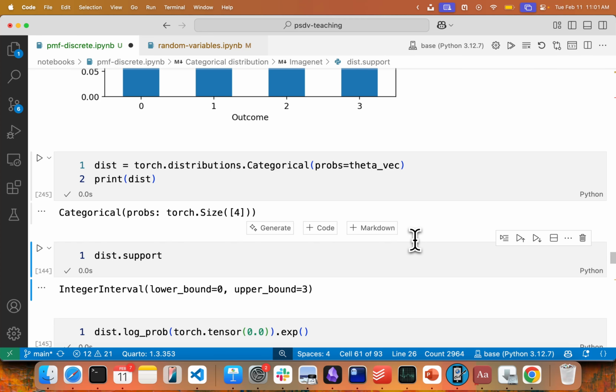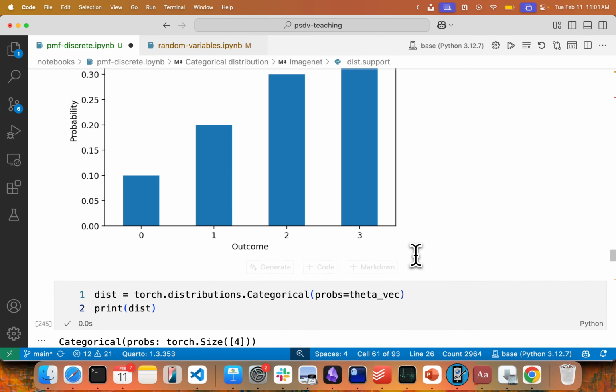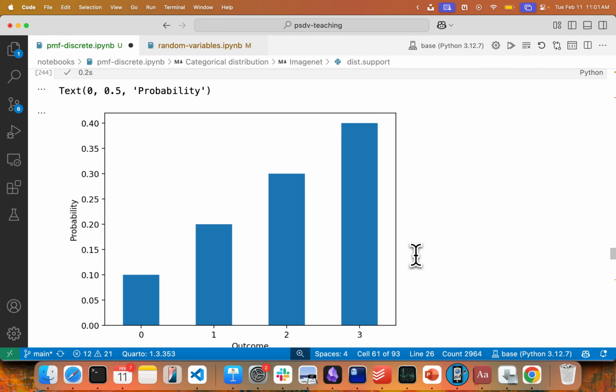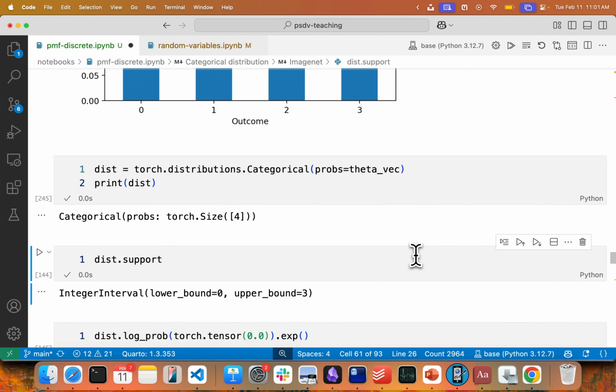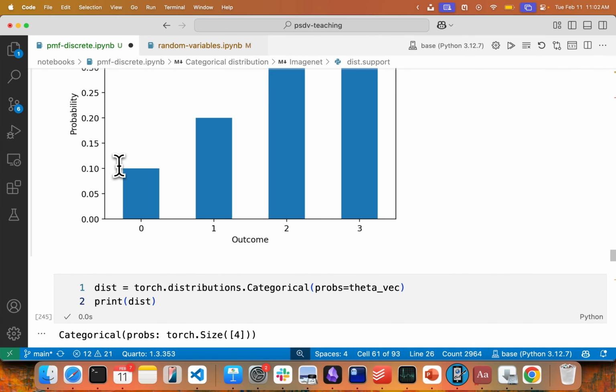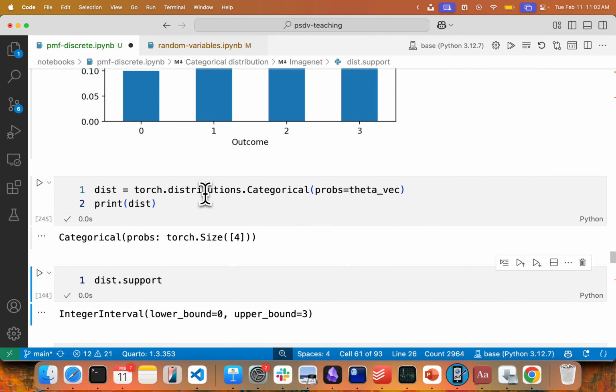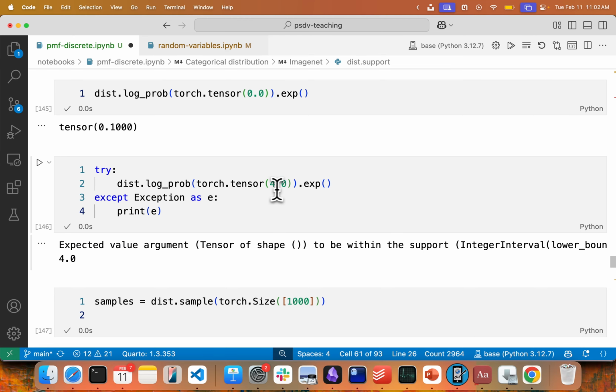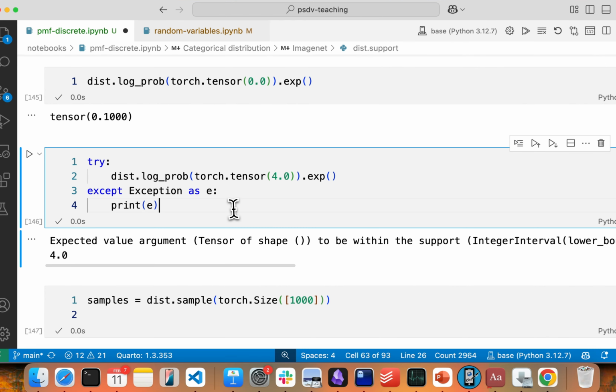What do you think is the output of dis.log_prob of torch.tensor(0.0), after exponentiation? Let's look at this PMF. 0.1. That is the probability that outcome 0 is chosen as per the PMF. Similarly, if you tried out 4.0, which is not within the support, you will get an output saying it's not within the support.